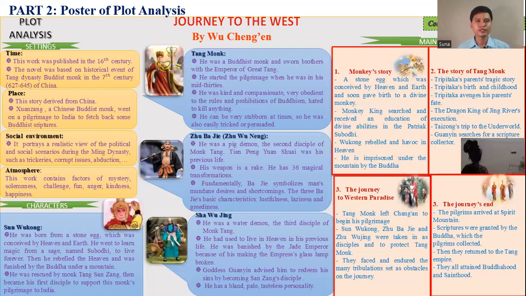Actually, in this literary work, there are many characters, but in this poster, I only mention some major characters that play very important roles to make this work successful through the end.